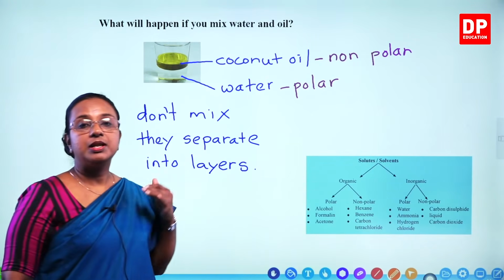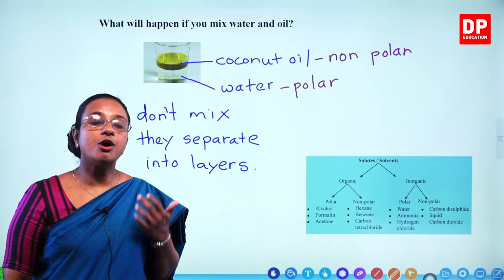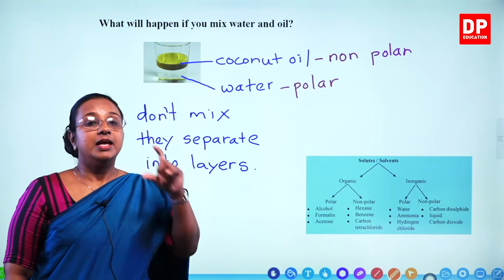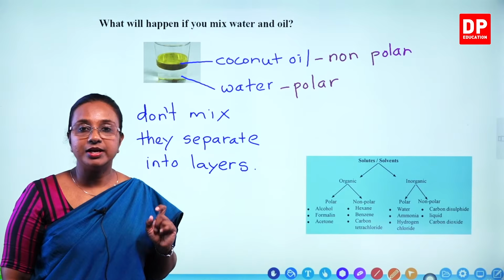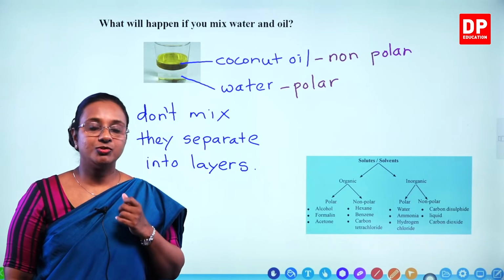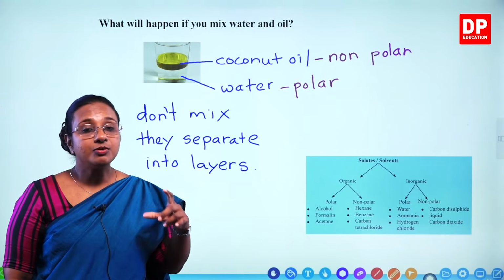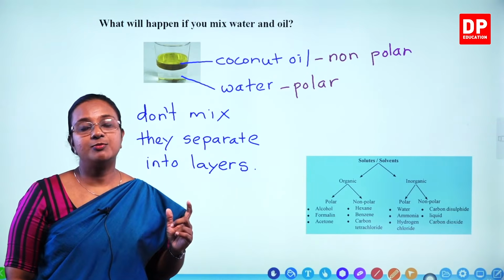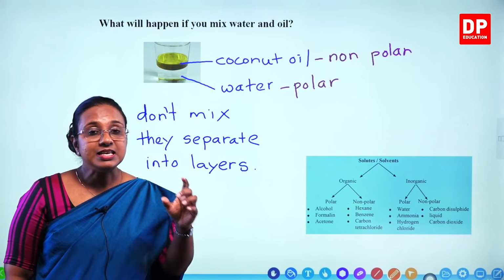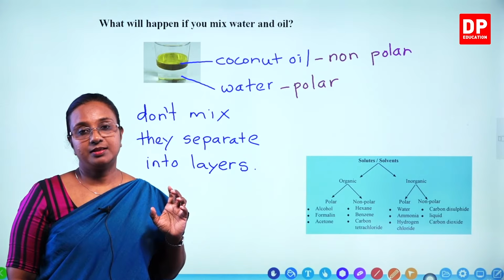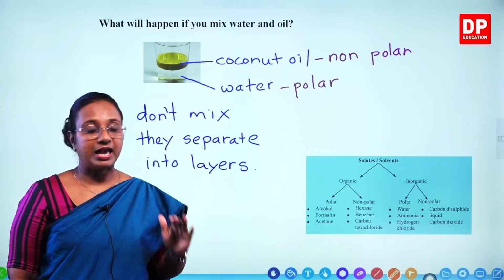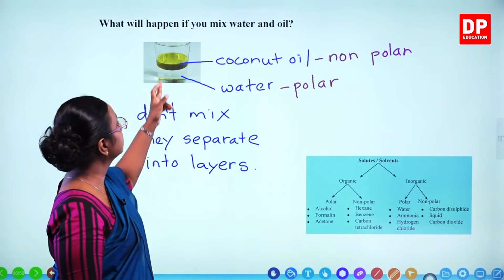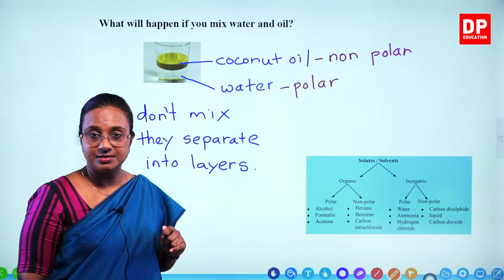So, non-polar and polar do not mix well. Even if you take a small amount of water and oil into a bottle, I have told you all this before, close the lid, shake the bottle well, you will see as if they mix together. But when you stand it for some time, you can see the two layers separating out like this.